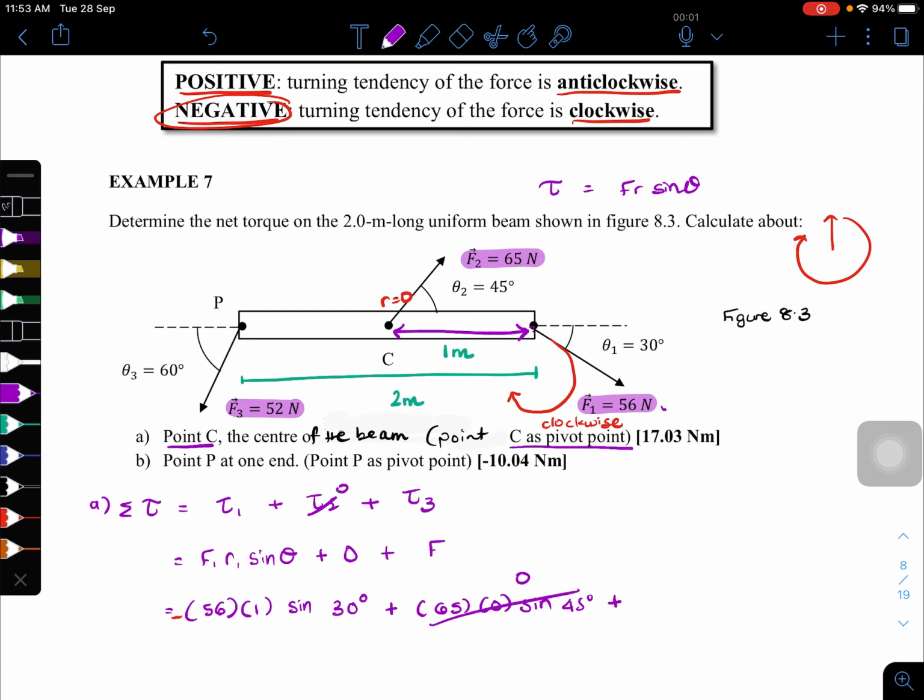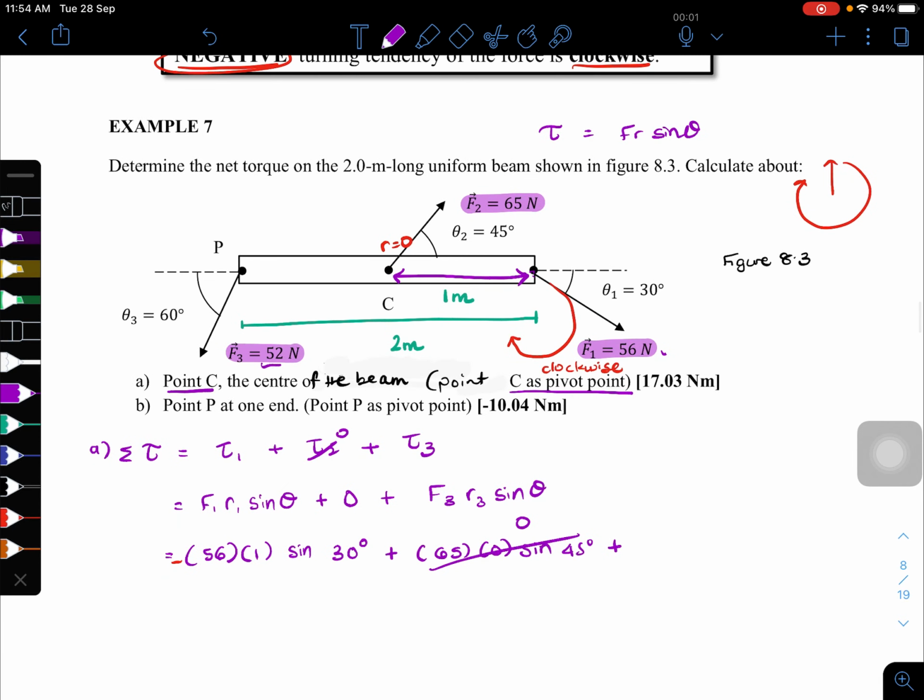And then torque 3 is F3 R3 sin theta. Jadi mesti tahu F3 kita adalah 52. And then again, daripada force kita ni ke pivot is 1 meter. And then the angle is 60 lah. Between your force and your R is 60. So this one you put sin 60. And then tengok tendensi dia untuk berputar ke mana.